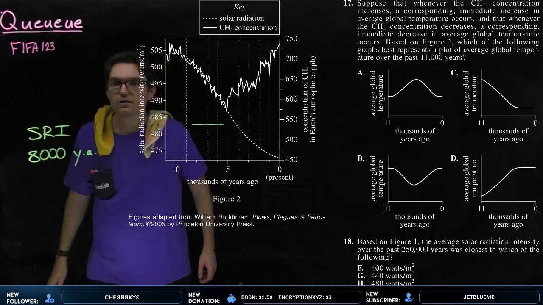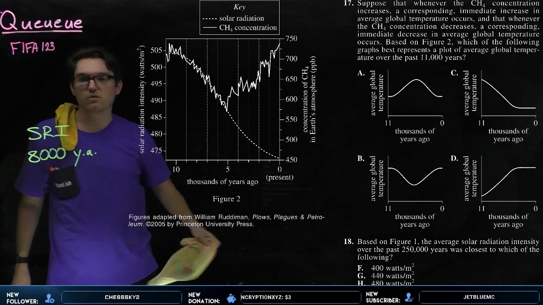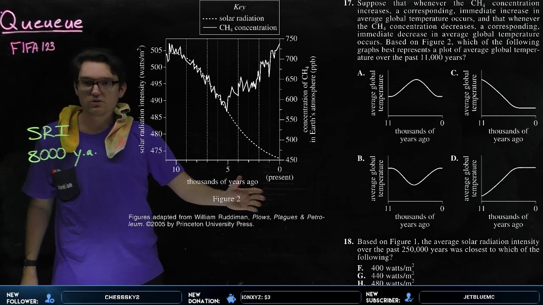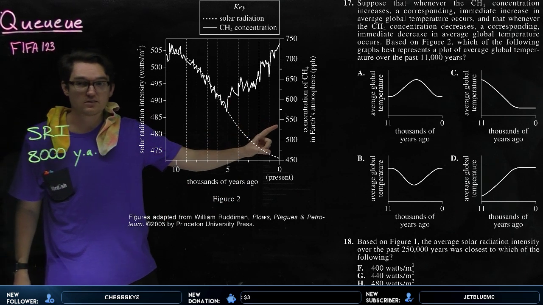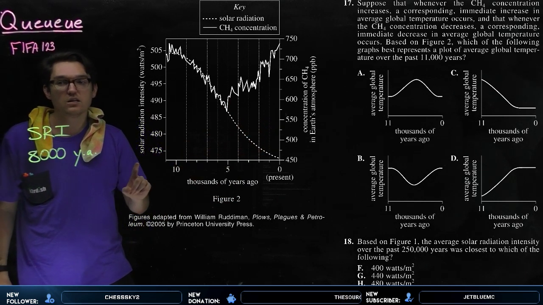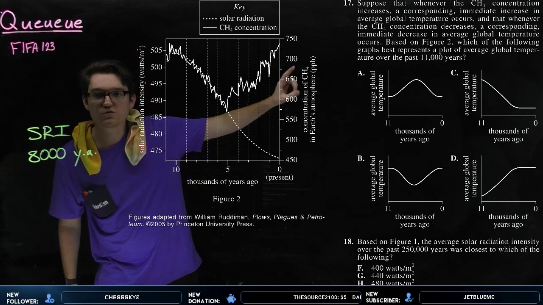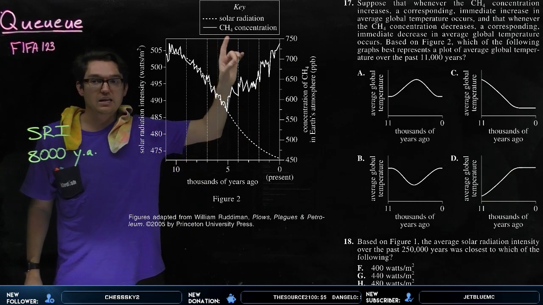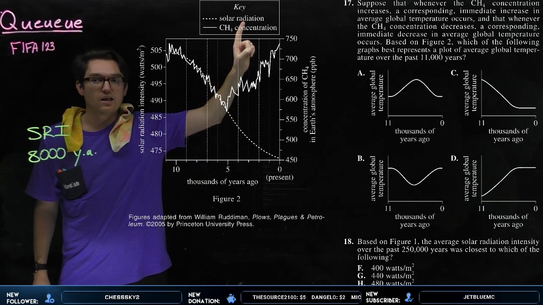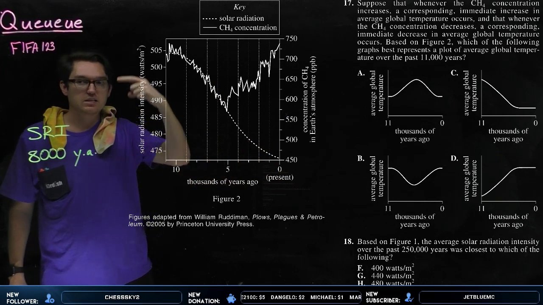Okay. Figure 2. Here we are. So let's take a look at what we have on the graph. We have thousands of years ago. Interesting, we have 2 different y-axes. Be careful here. We're only asking about solar radiation intensity, which is on the left axis, not concentration of CH4, which is on the right axis. And you'll see a key as well. So we're looking at the dotted line, and we read it to the left because that's where the y-axis is.